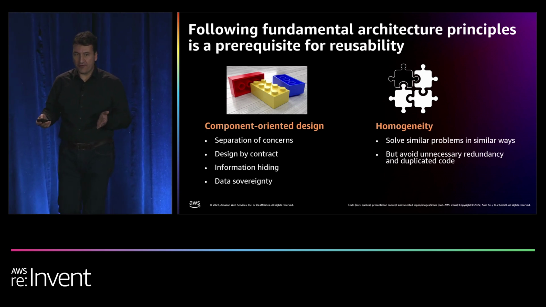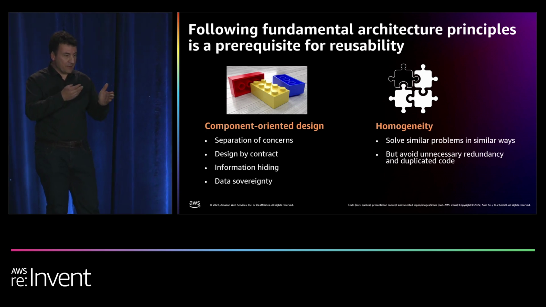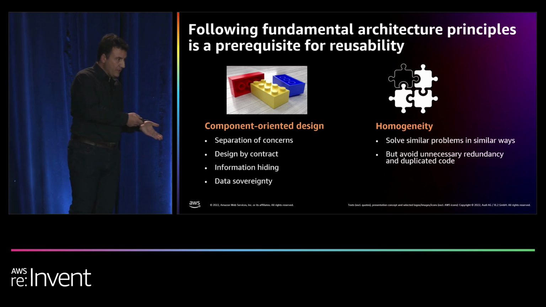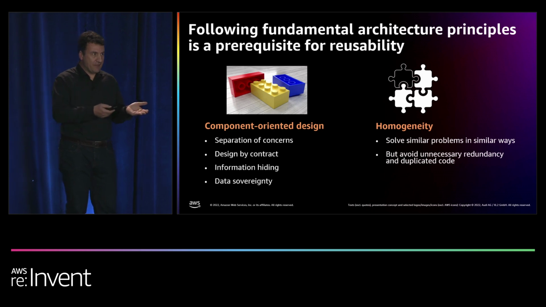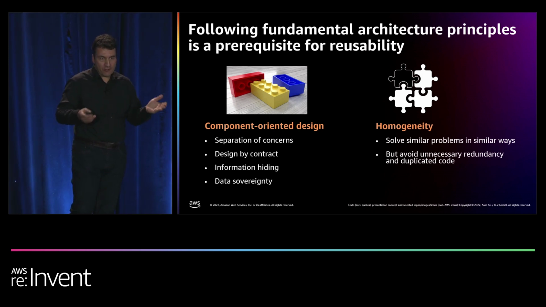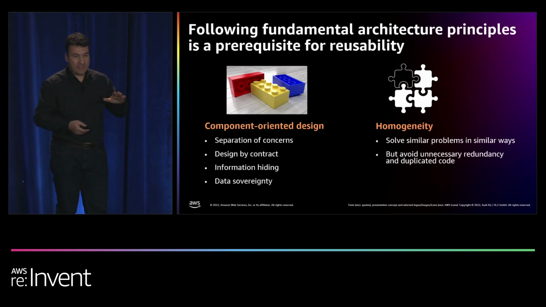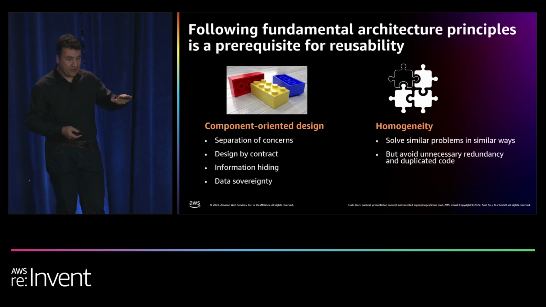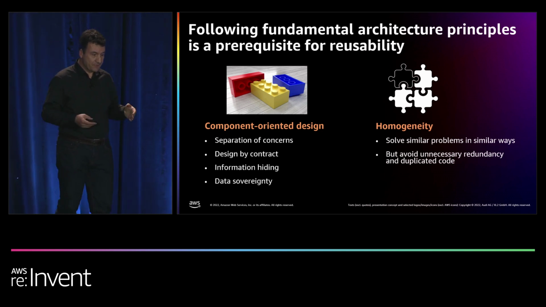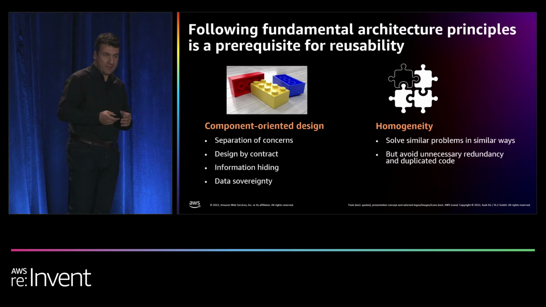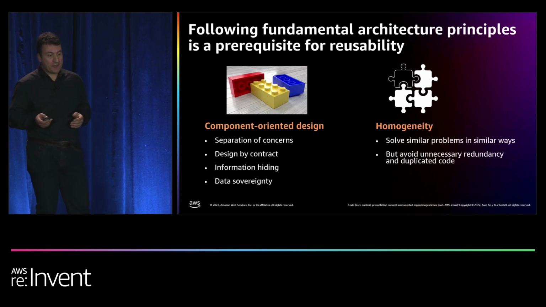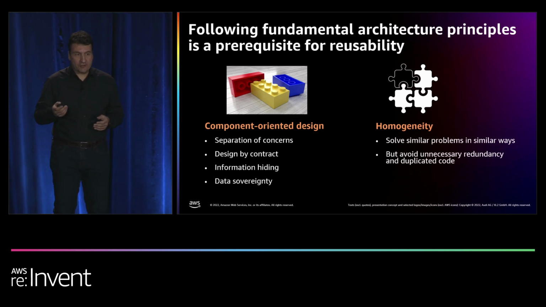Separation of concerns means that we separate technical code from business code, with patterns like model view controller. We have layered architectures, which is separation too. So we manage complexity by splitting it into smaller parts. And component-oriented design also means design by contract.